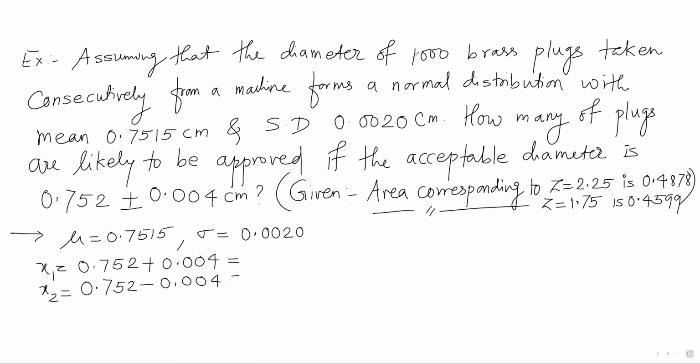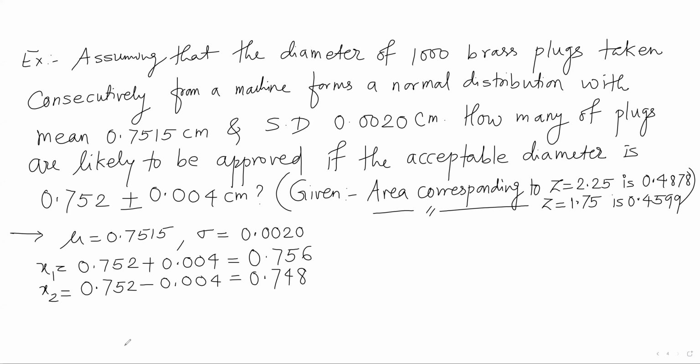So this we have to calculate. 0.752 plus 0.004, it is 0.756, correct? And minus 0.004 we'll get as 0.748. So we get the values of x1 and x2.